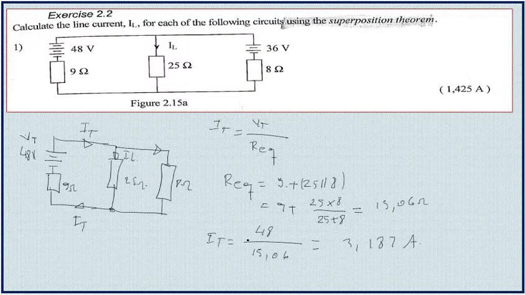If we have two resistors connected in parallel, and we know the total current crossing the whole branch, we can determine the current in each resistor. So I'm going to say IL is equal to, I'm going to write down the total current.